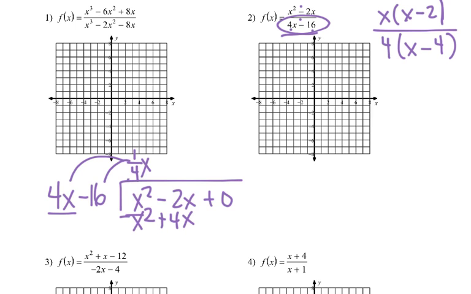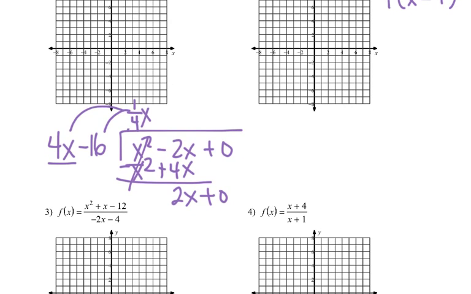So I change the sign and add them. It becomes 0, negative 2 plus 4 would give me positive 2x plus 0. Then I would have to multiply by 1/8. No, by 1/2. So 1/2 times 4x would give me 2x.